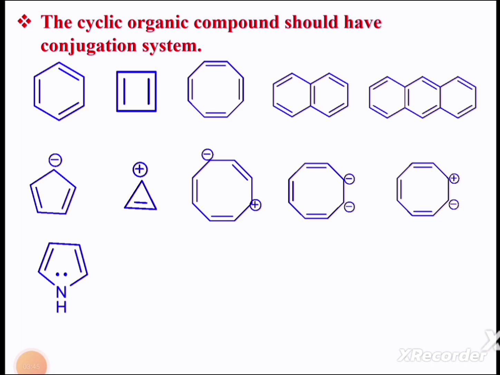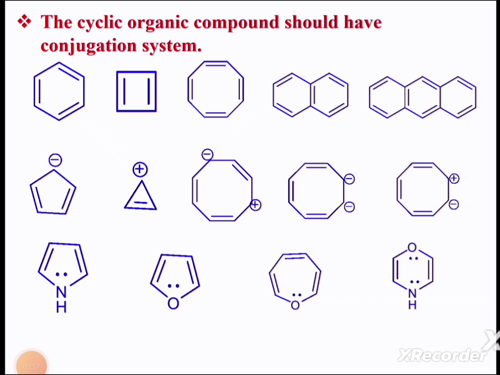So in the case of pyrrole, and furan is also in a conjugation system. Also in this cyclic conjugation system, a lone pair takes the place of a double bond. So these are the different organic compounds which have conjugation systems.